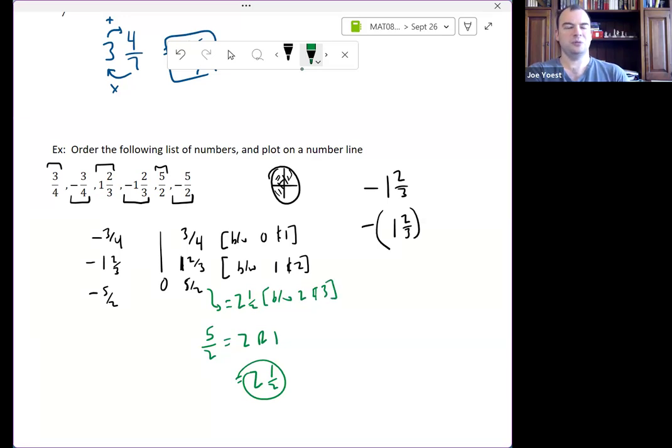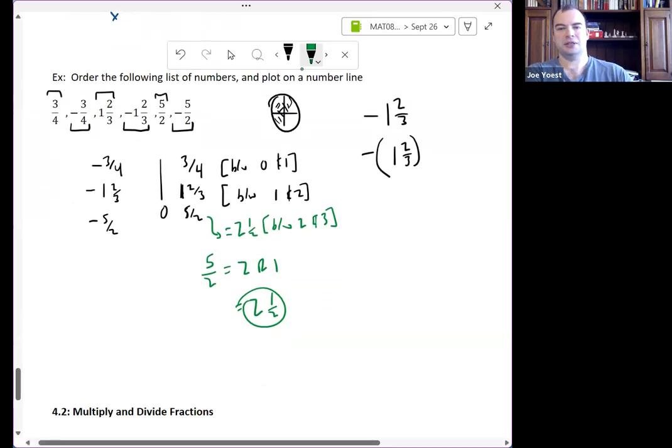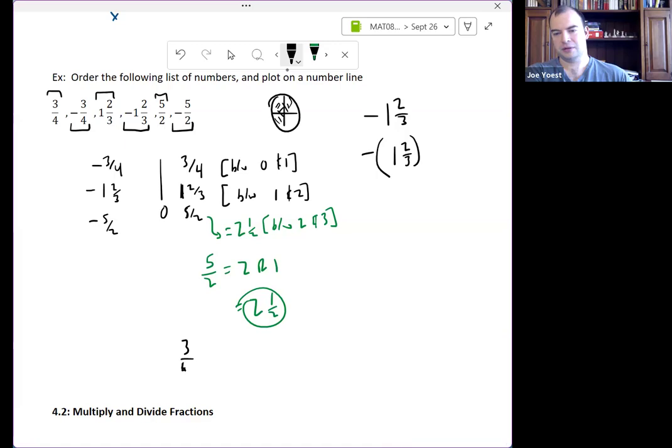It's a little bigger than 2, but not quite 3. Well, this makes the ordering much easier for the right-hand side, right? So I see that 3/4 is between 0 and 1. 1 and 2/3 is between 1 and 2. And 5/2, which I can also think of as 2.5, is between 2 and 3.